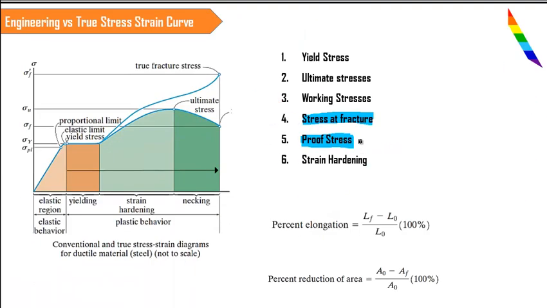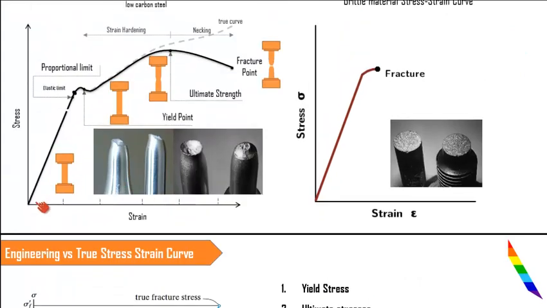In the case of proof stress, we assume that at 0.1 to 0.2 percent of strain, we will consider this much amount of strain, and we will mark the 0.2 percent of strain somewhere over here, at this particular point.